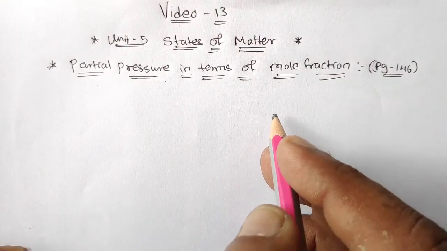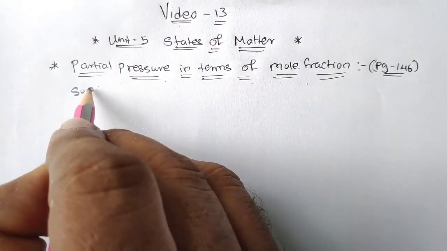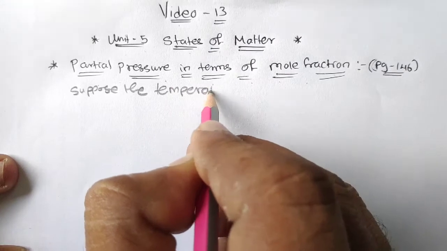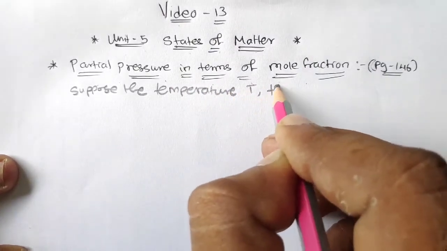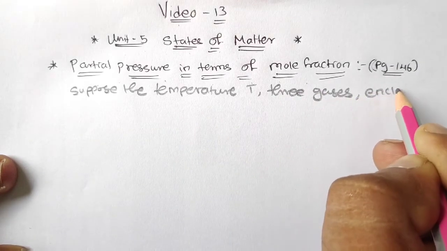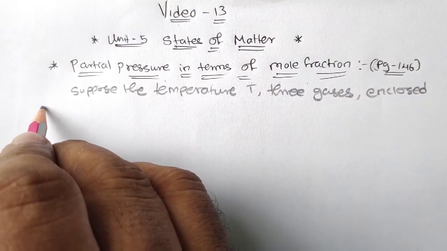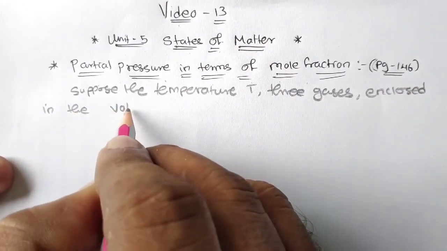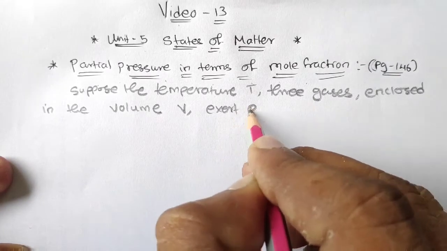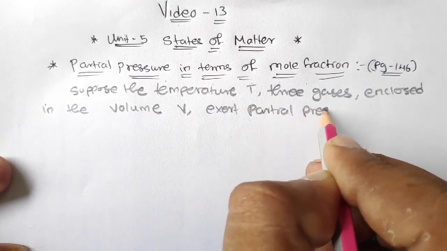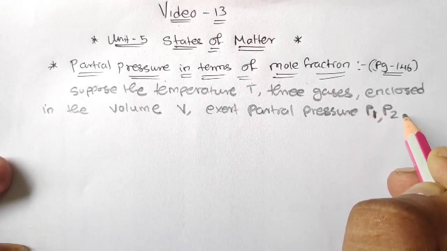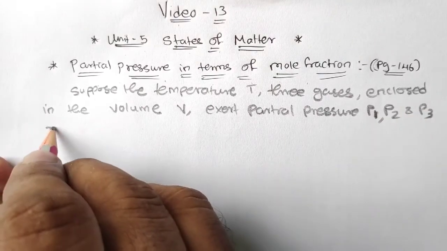So first, suppose the temperature T for three gases enclosed in the volume V exert partial pressure P1, and since three gases are there, P2 and P3 respectively.